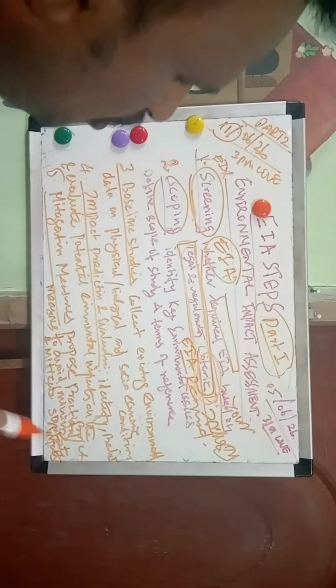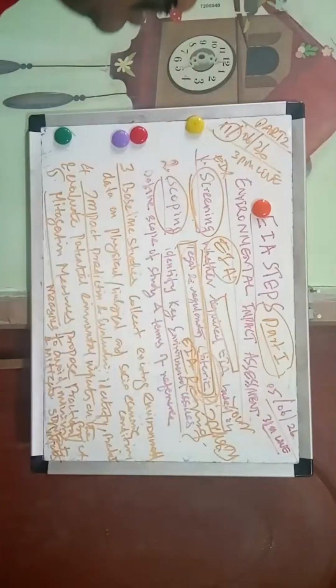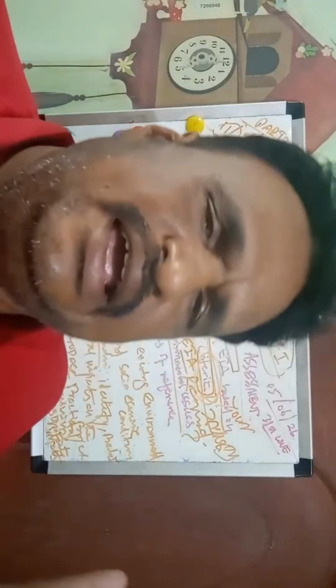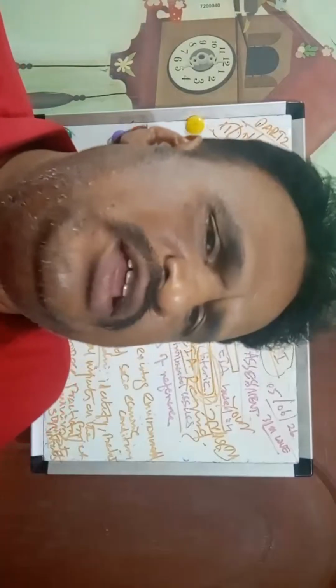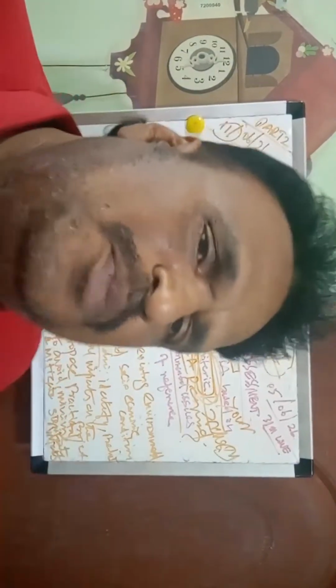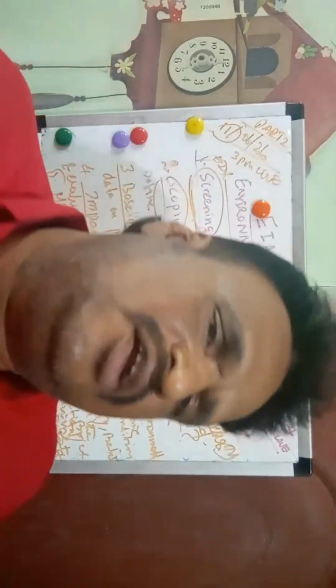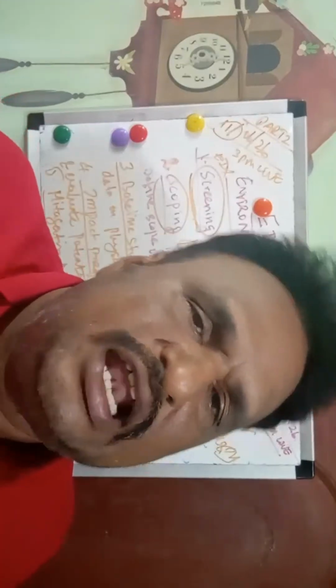So in that scoping, identifying the key environmental issues. Once you decided you are going for EIA, then you have to identify the key environmental issues. It may be air pollution, soil pollution, radioactive pollution, chemical pollution, or some other kind of environmental issues.